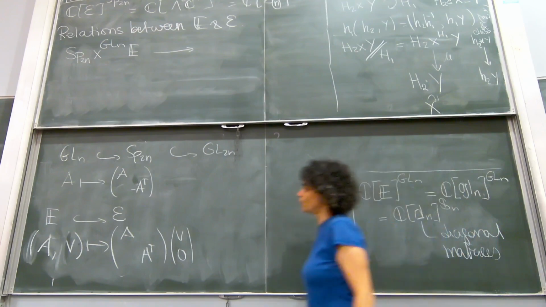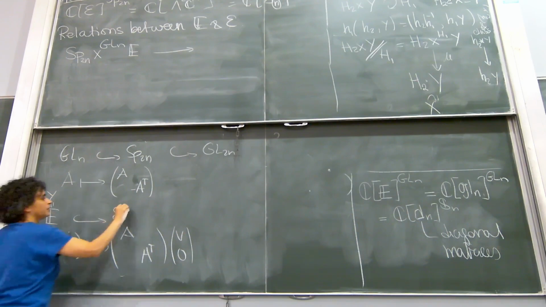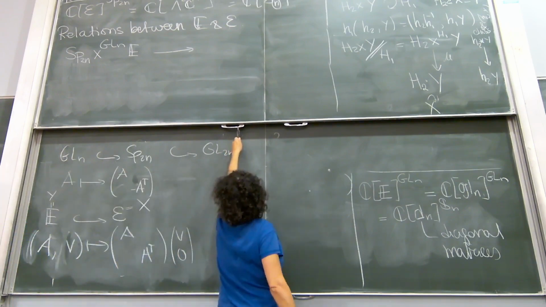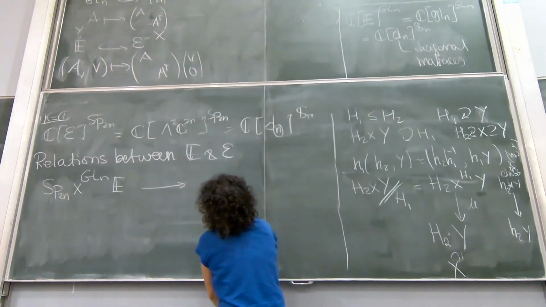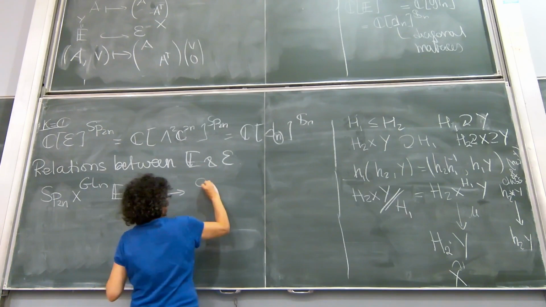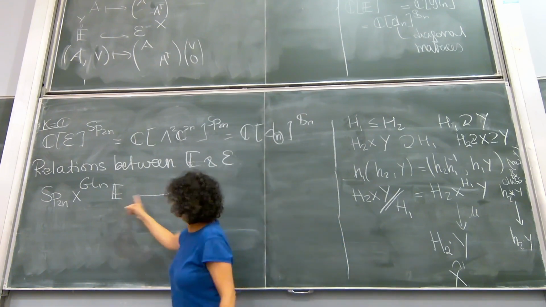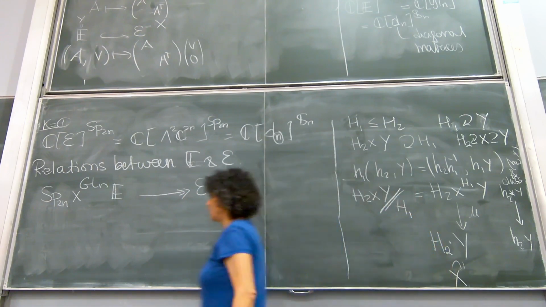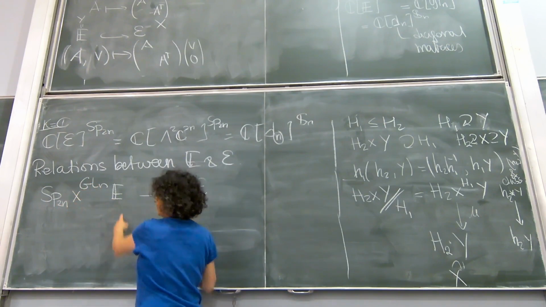So this will be my Y, and this will be my X. So the action map will be going to E, and it is surjective. So it's not obvious how you find two things that are paired like this.